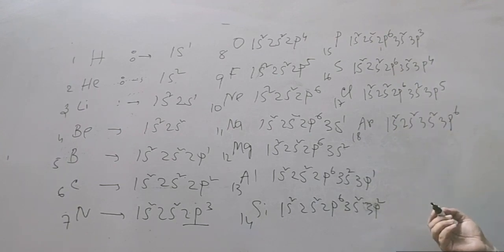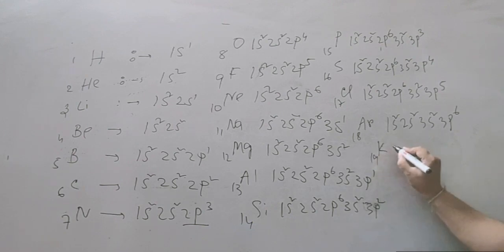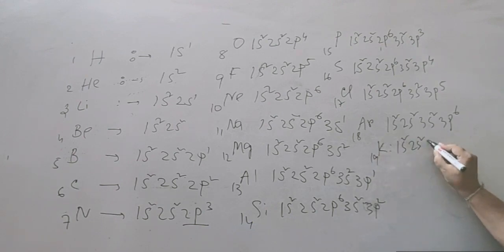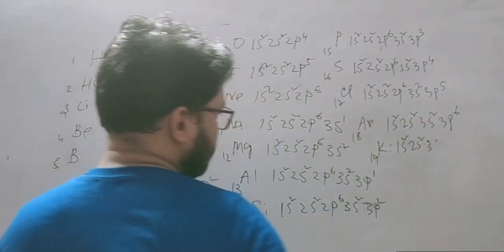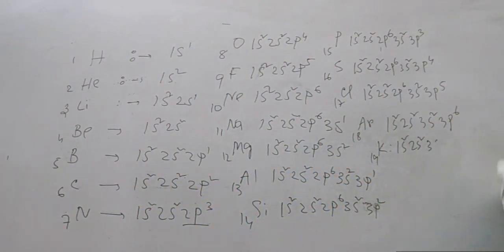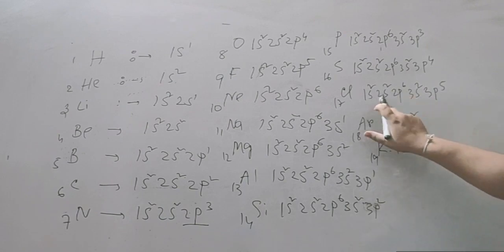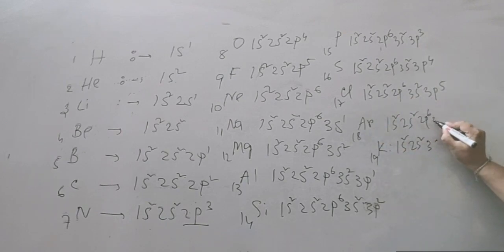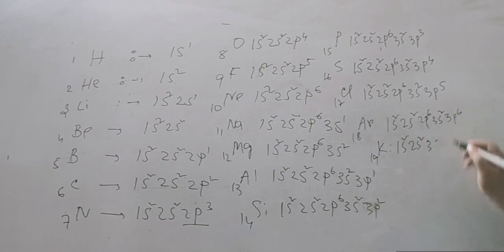So argon is complete. Now potassium, 19: 1s2, 2s2, 2p6, 3s2, 3p6, then 4s1, and 3d comes after 4s.